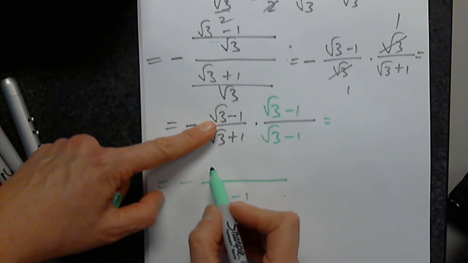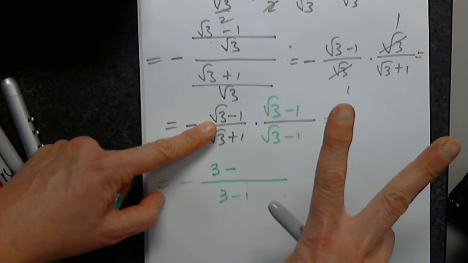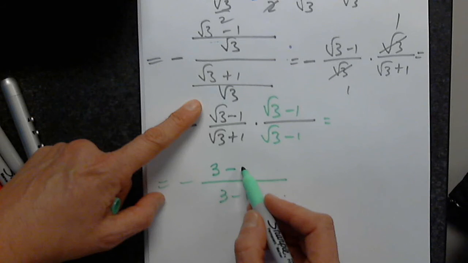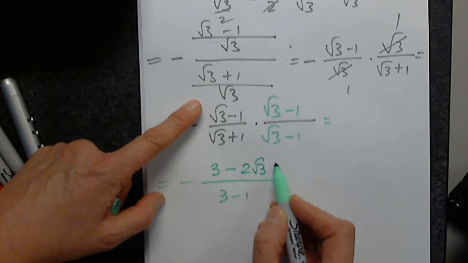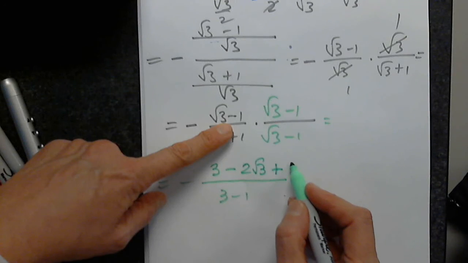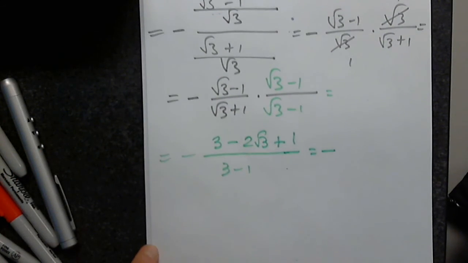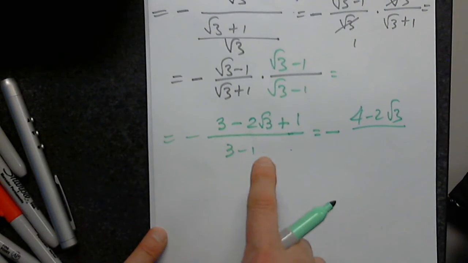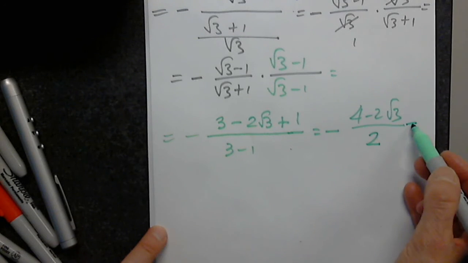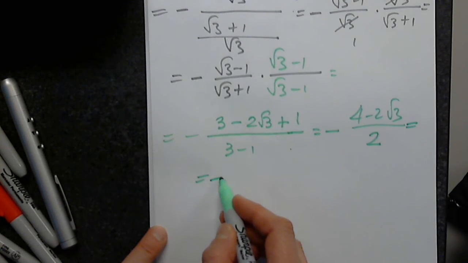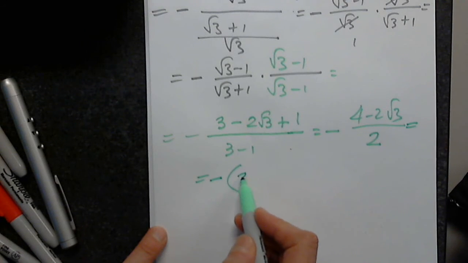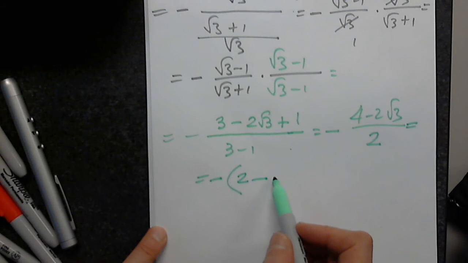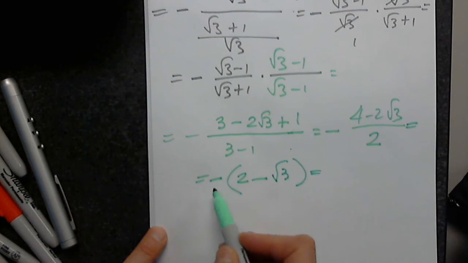The first term squared, minus 2 times the first times the second, plus the second term squared. Awesome. How much is 3 plus 1? How much is 3 minus 1? I will separate into two fractions. When I separate, 4 over 2 is 2. The square root of 3 over 2 will be, that's it. I have to distribute.